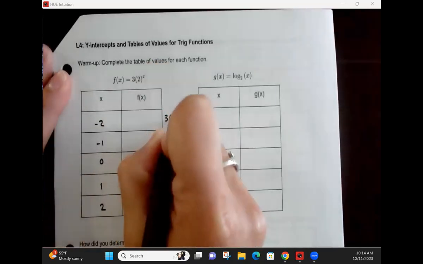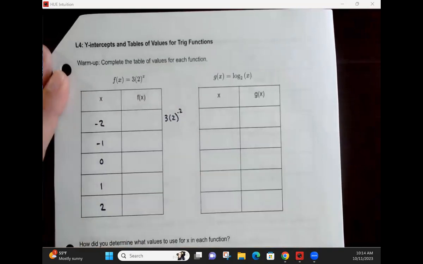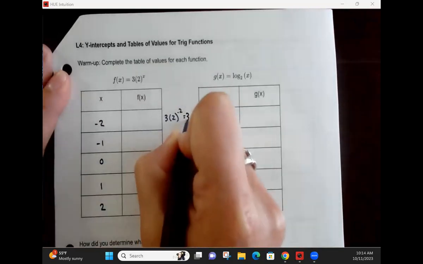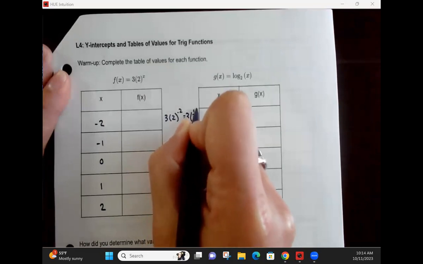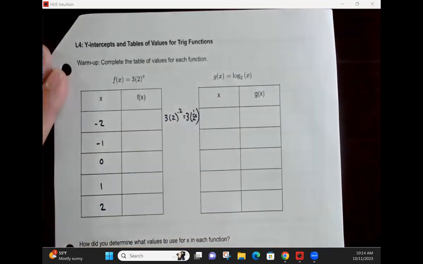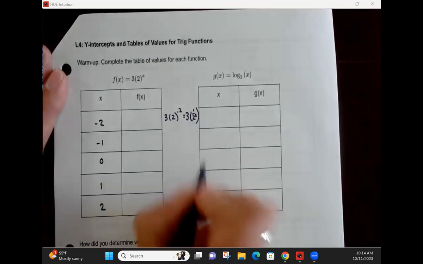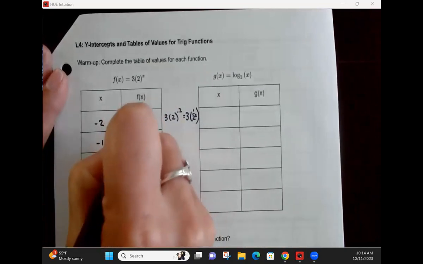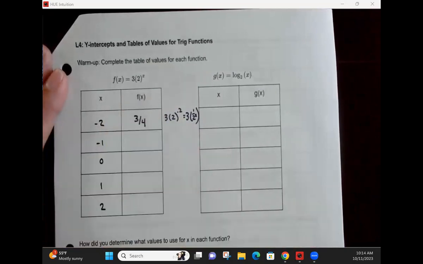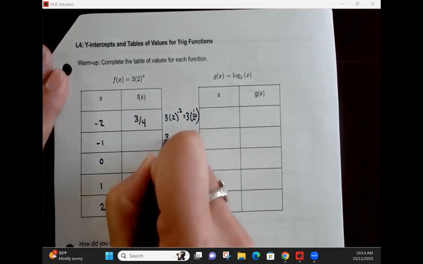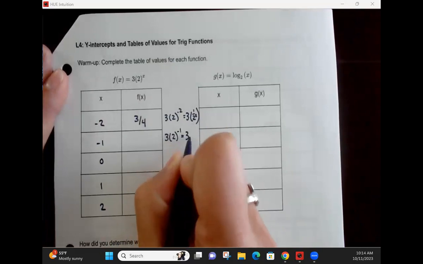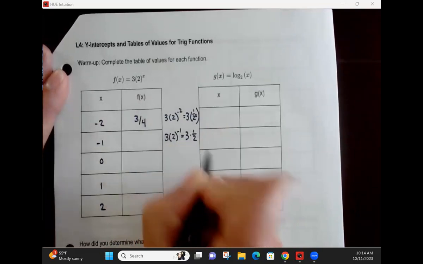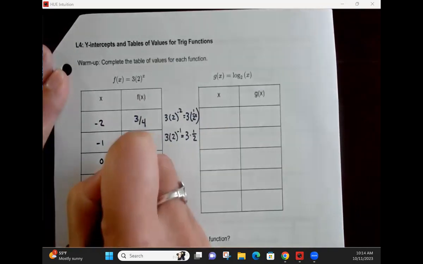And when I plug these in, we're plugging these in for x. So 3 times 2 to the -2nd. Remember, those negative exponents tell me to take the reciprocal. So we'd have 1/2 squared. So that'd be 3 times 1/4, which is 3/4. And then when I plug in -1, 3 times 2 to the -1st, which would be 3 times 1/2 to the 1st.